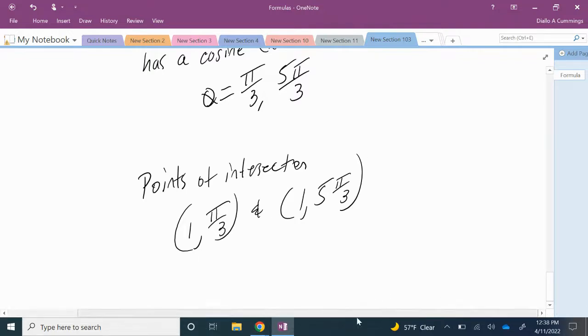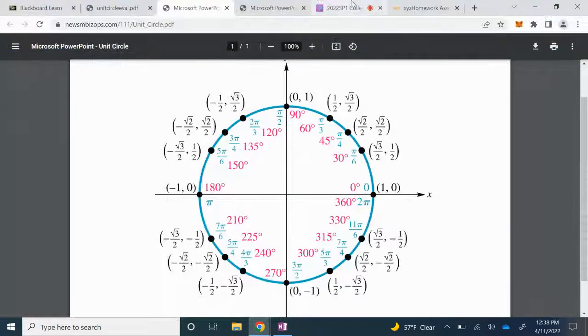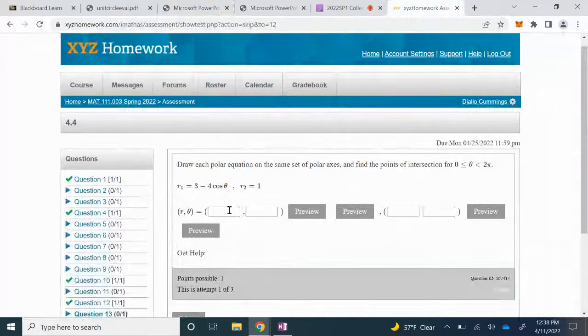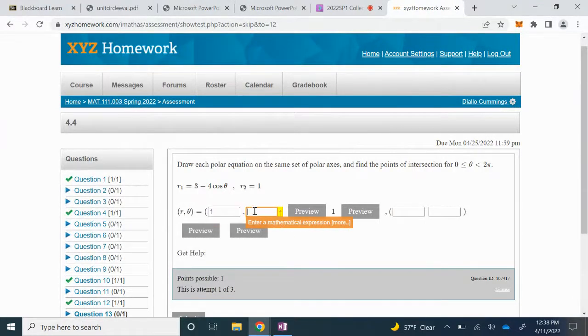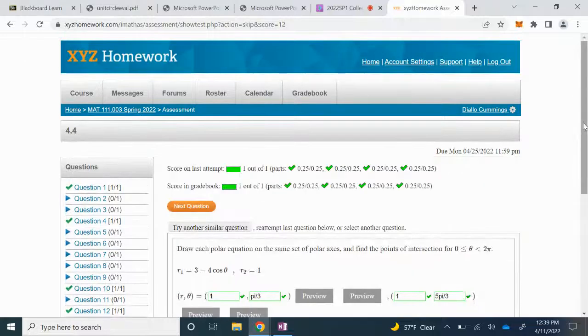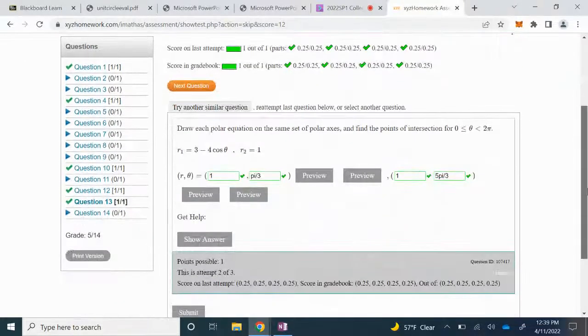But we should have these 2 points of intersection: 1 comma pi over 3 and 1 comma 5 pi over 3. So we have those 2 points of intersection.